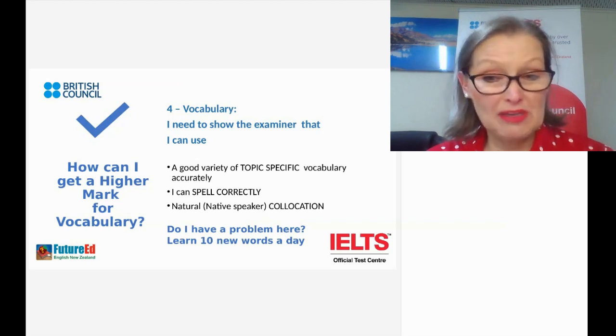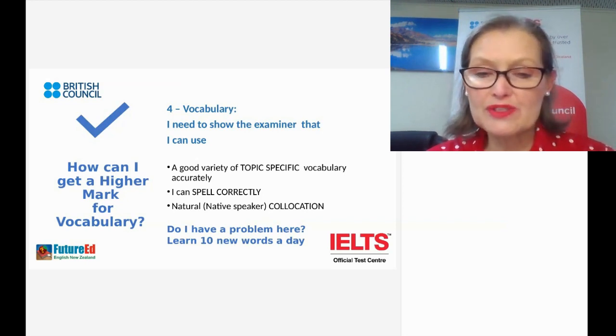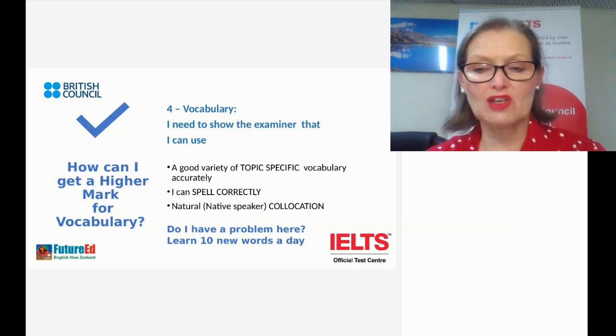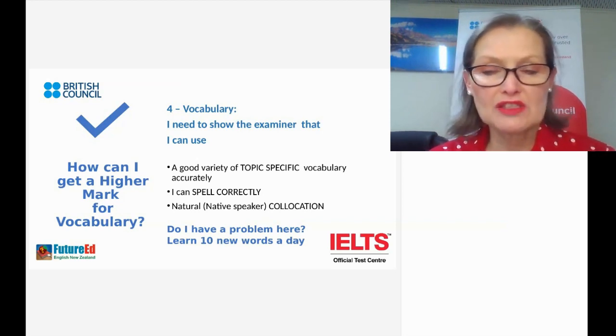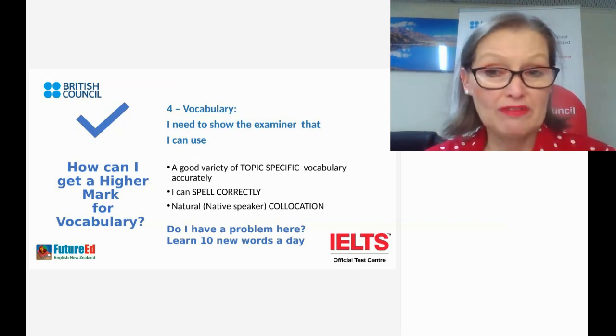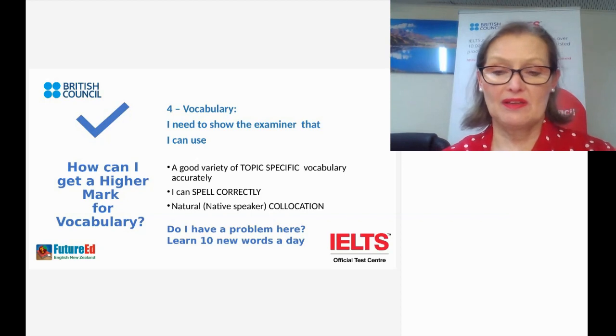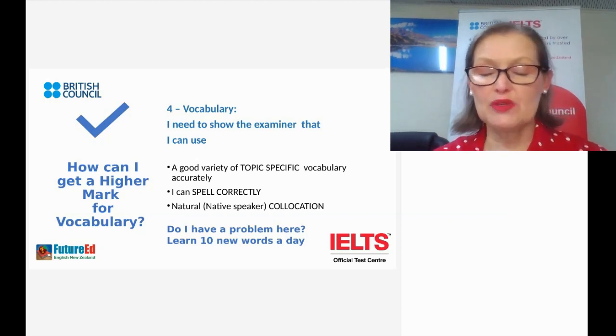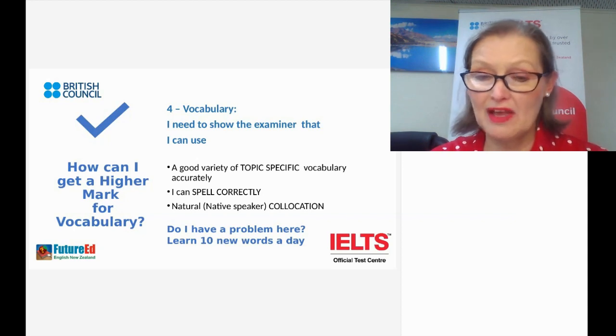I need to spell correctly, and I need to use good natural collocation, or native speaker collocation. So I need to sound like a native speaker, especially if I want that 6.5, 7, 7.5. So you need to identify, do you have a problem here?